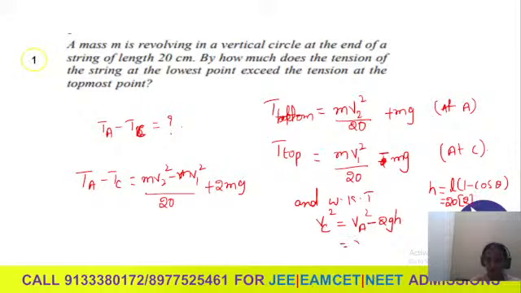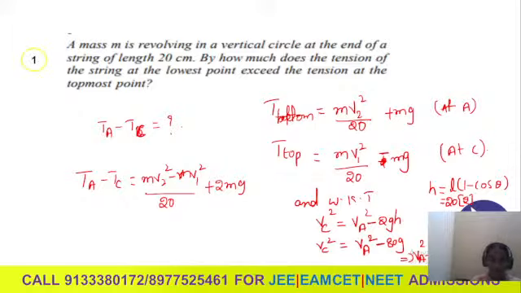So we can find velocity at the bottom square minus, with h value 40, it is 80g. So from this we can write Va square minus Vc square is equal to 80g.